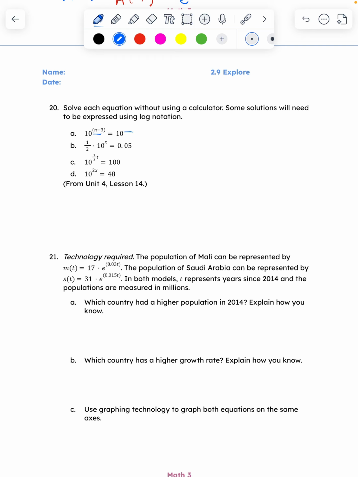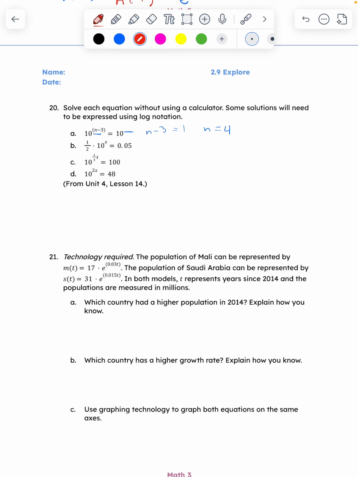If I have 10 to a power and 10 to another power, those two powers have to be the same. So I know that n minus 3 has to be 1, right? As 10 is 10 to the first power. Add 3 to both sides, n has to be 4.